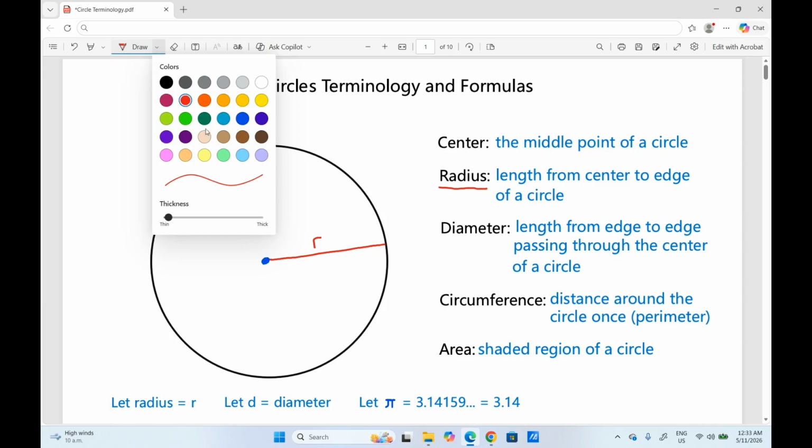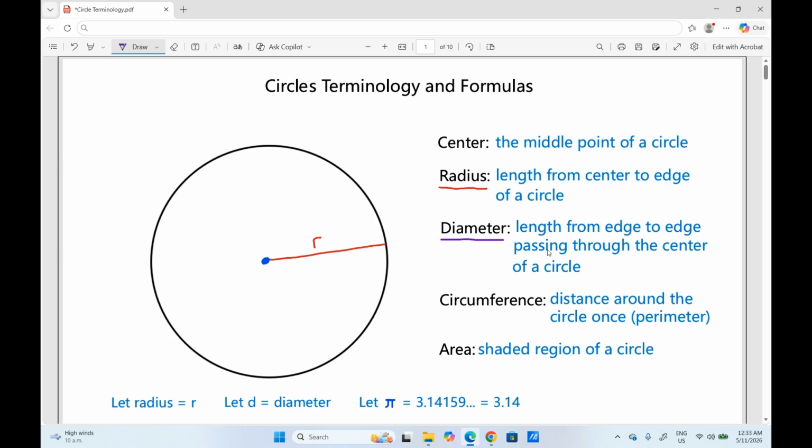Now for diameter, which we're going to underline in purple, diameter is the length from one edge of a circle to the other edge, but it has to pass through the center of the circle. So for example, if I go from the center of the circle all the way to the edge here, that would be my radius, right?